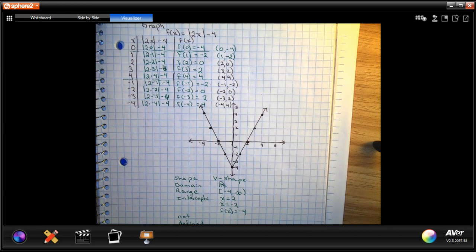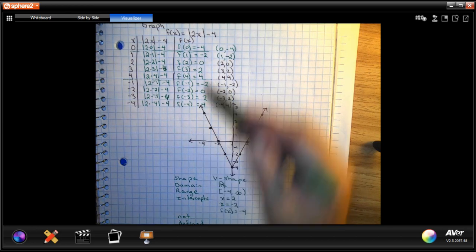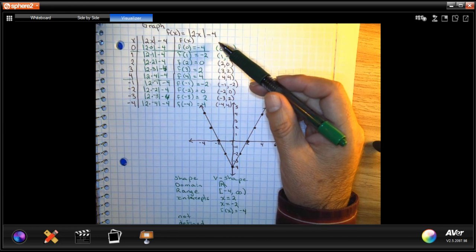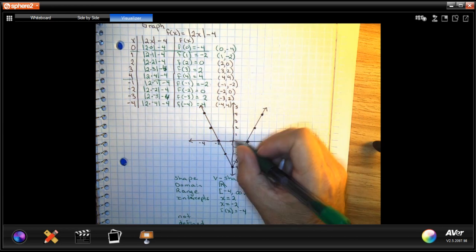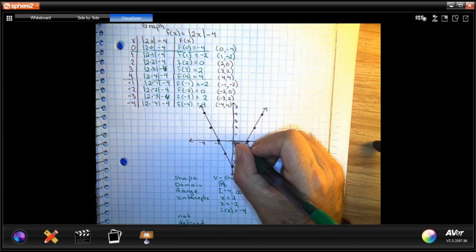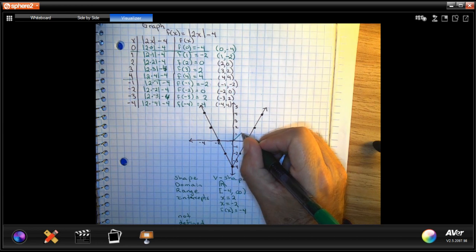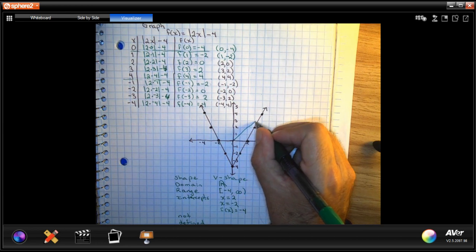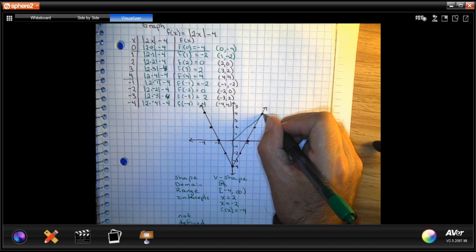If we compare this function to the parent function, if you remember, the parent function went through the points 1, 1, 2, 2, 3, 3, 4, 4.